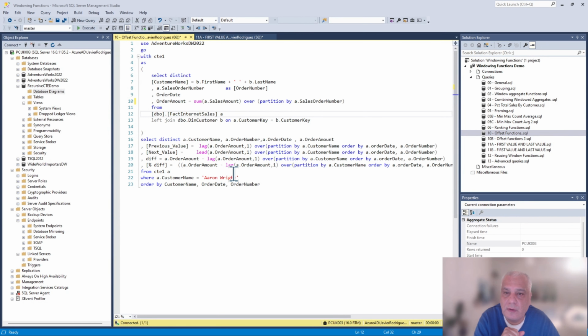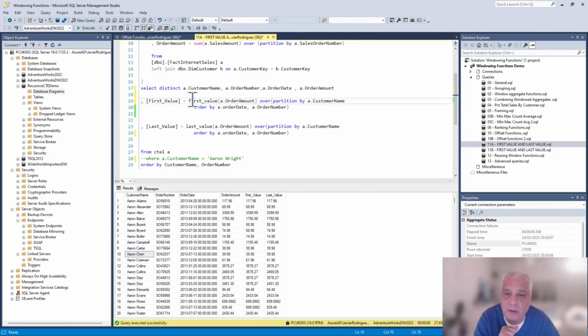Lastly, let's have a look at the window functions first value and last value. First value follows the same schema as other window functions. The parameter in this case is order amount.